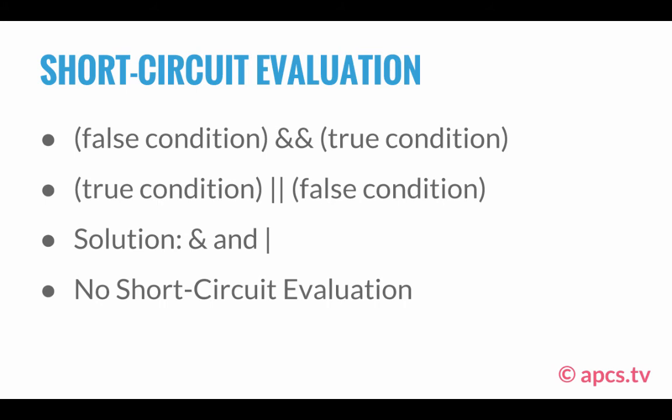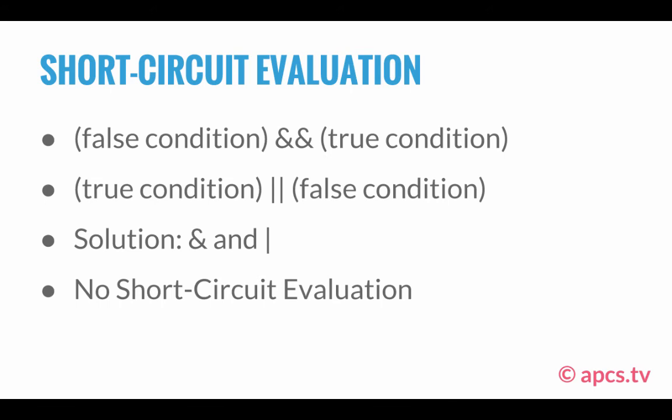The solution to that is having a single AND symbol and a single vertical line. Each one represents the and and the or, and they both have the exact same function as the conditional and and the conditional or. They evaluate complex conditions and have the same requirements, but the difference is they have no short circuit evaluation.